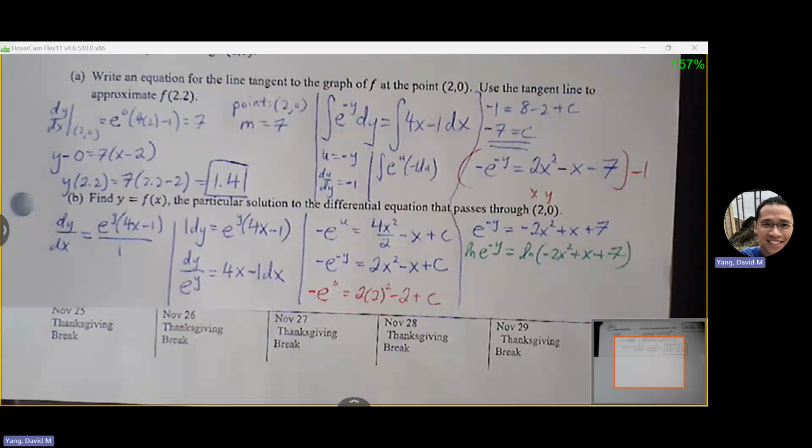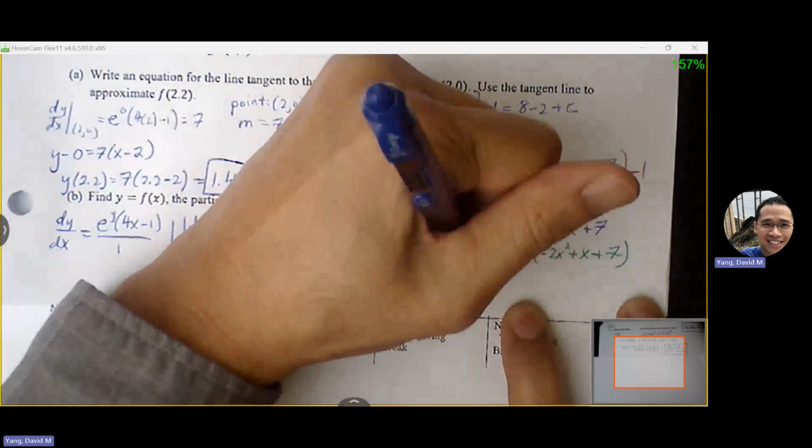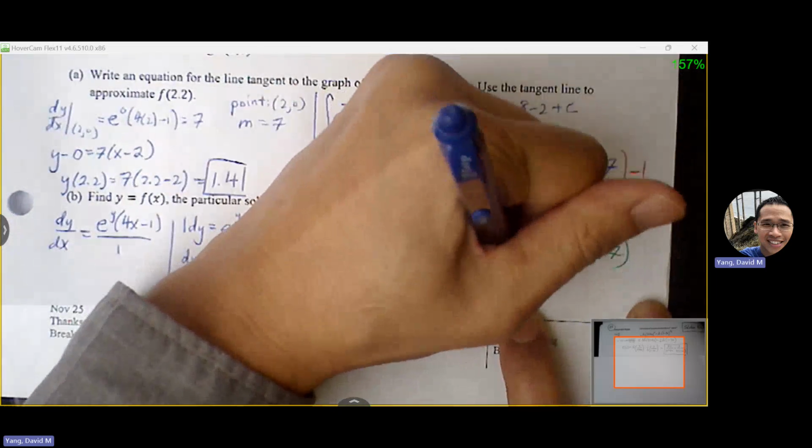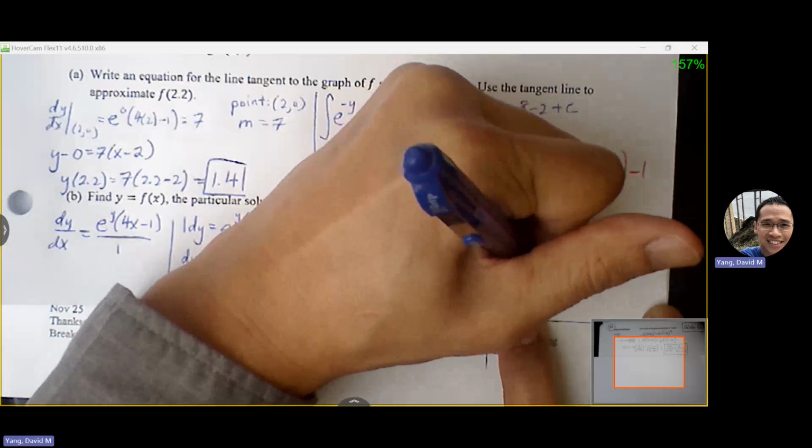Let the negative y come down in front. Almost done. Distribute the -1 through the parentheses so I can get y completely by itself with a positive y, so the negative gets transferred over to the other side.